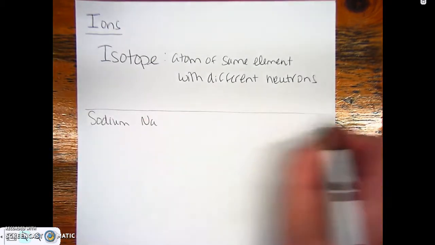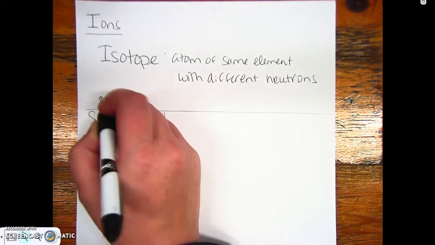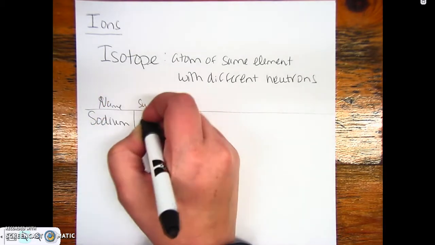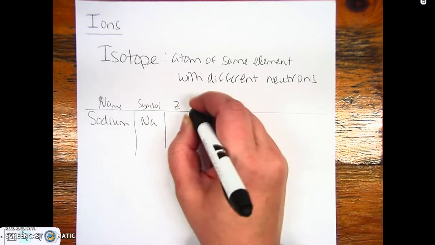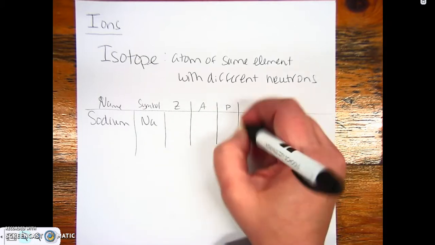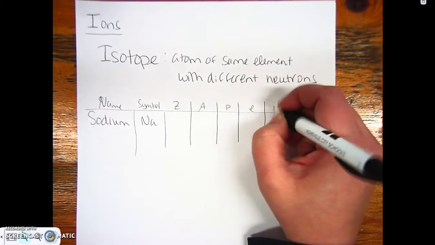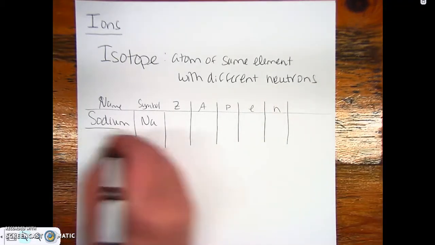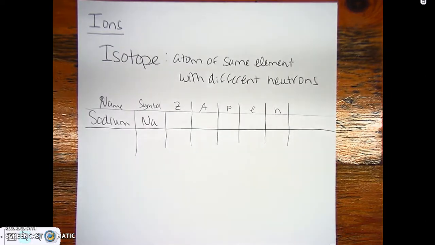Let me make some headings and a little table here: the name, the symbol, the Z number, the A number, protons, electrons, and neutrons. That looks like one of the tables you filled out in one of the previous worksheets in Unit 2.